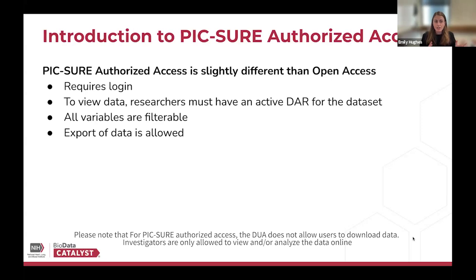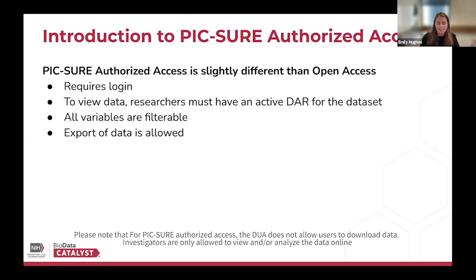So I do want to mention that PIC-SURE Authorized Access is slightly different than Open Access. Whereas Open Access was open to the public, PIC-SURE Authorized Access requires login. So you will need an eRA Commons account in order to log into Authorized Access. Additionally, as I mentioned earlier, to view the data, researchers must have an active data access request, or DAR, for that dataset.